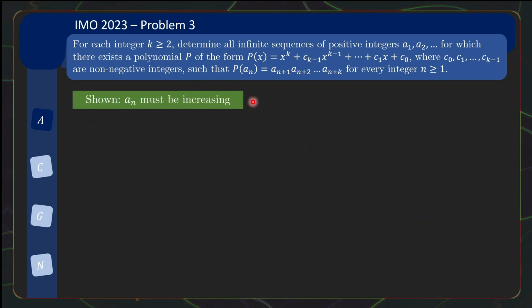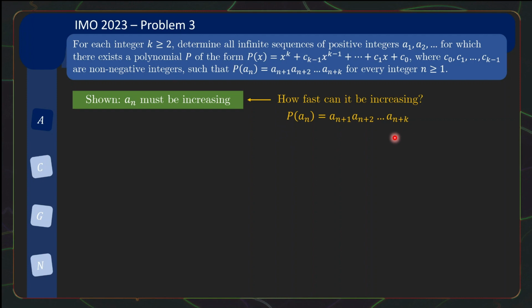And once we have this lemma shown, the very natural next question is to ask how fast can this sequence be increasing? Can it be increasing at an increasing rate, for example? Or can it only increase at a constant rate? Or can it increase arbitrarily? Well, if we look at the recurrence relation, you can get some intuition on how to proceed.